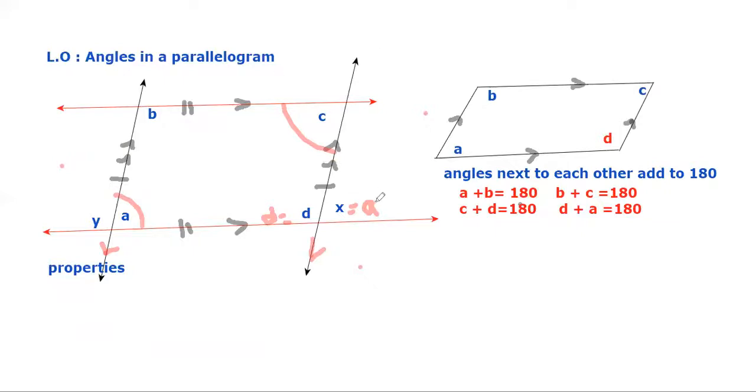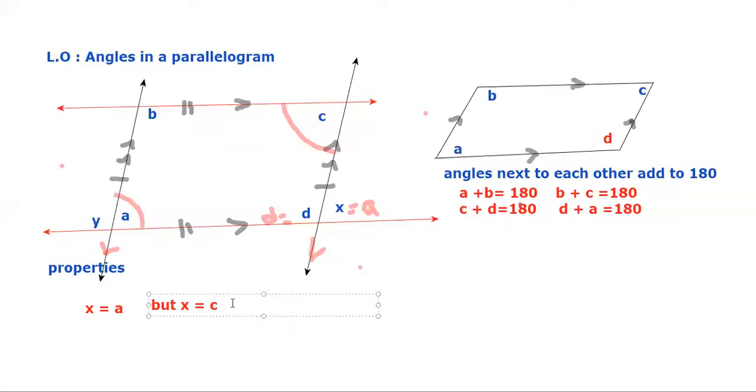Now, can you see that a is also equal to c? Let me write first. X is equal to A, due to corresponding angles. Again, X equals C, due to alternate angles.